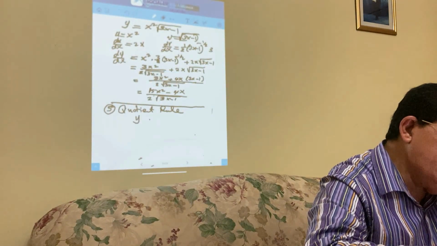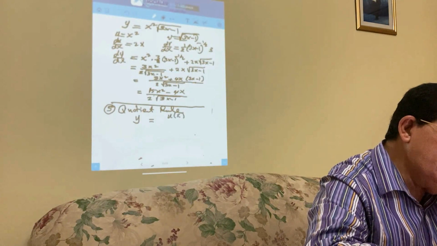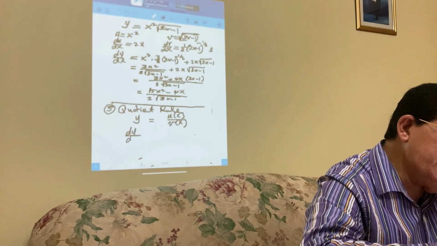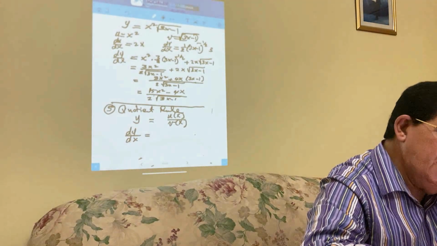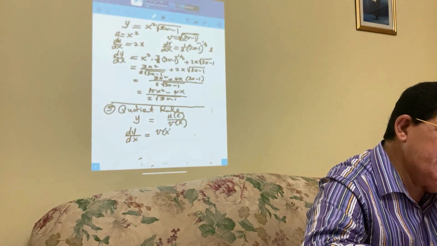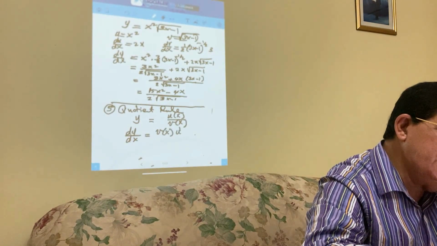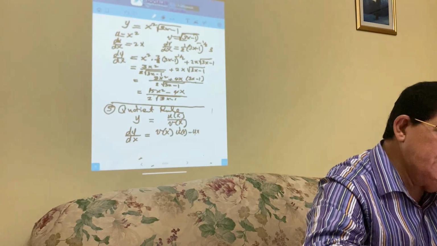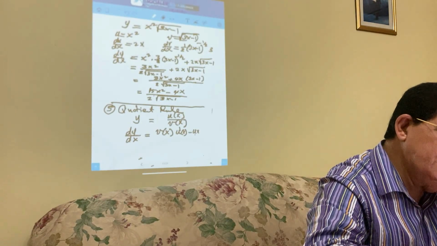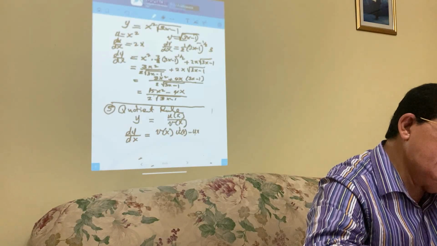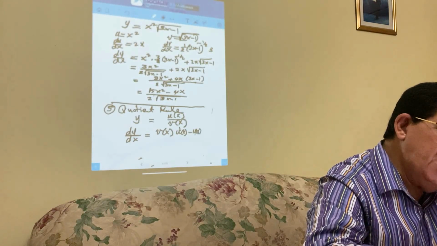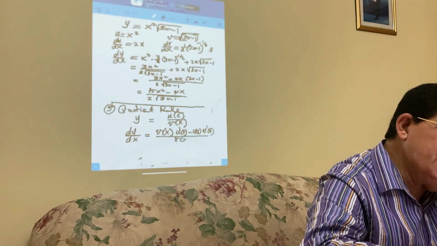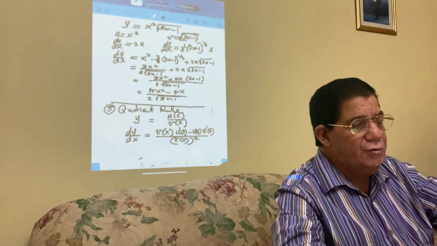If y equal u function of x over v function of x, then dy by dx equal v of x times u dash x minus u of x times v dash x over v of x squared. This is the rule.